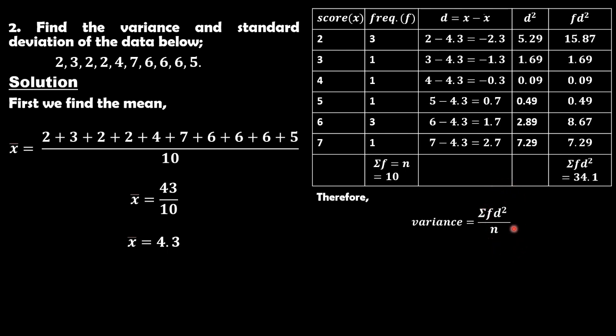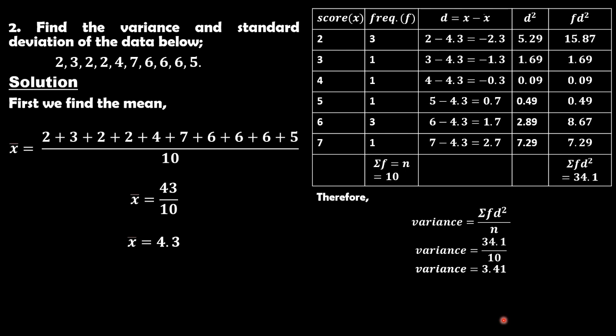And this D is still the same thing as bracket x minus x bar close bracket squared. So in this case, our summation FD squared is 34.1, and we have it here. Our N is 10, so we put the 10 down here.